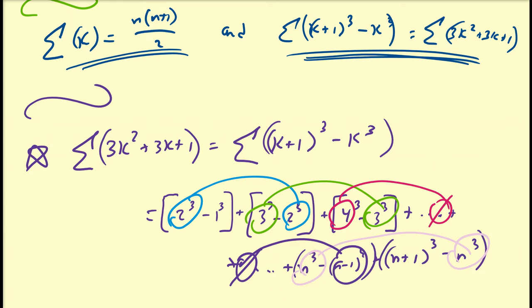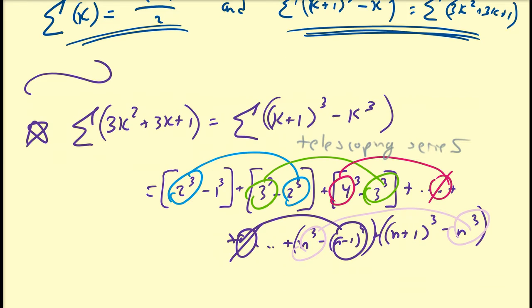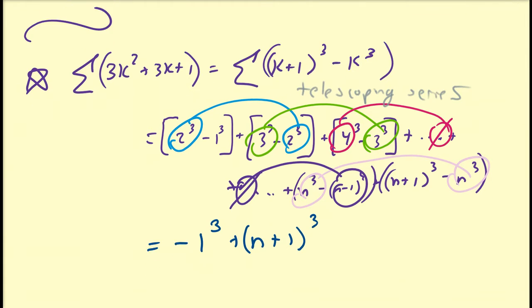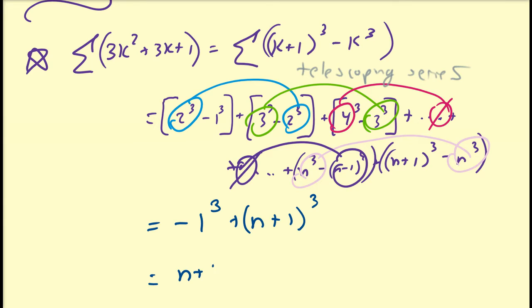Everything cancels out with itself because, again, this is a telescoping series. The only thing we're left with is negative 1 cubed plus n plus 1 cubed, which we can rewrite as n plus 1 cubed minus 1. So that is the sum of k plus 1 cubed minus k cubed.